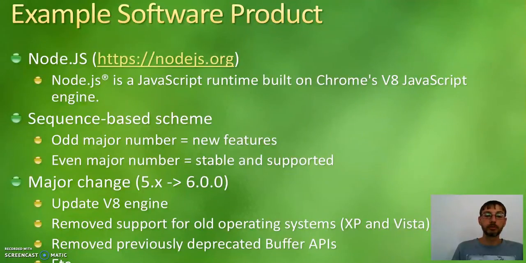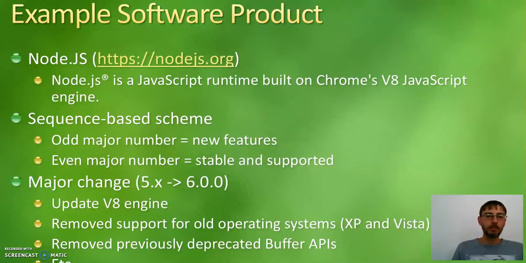When they went from version 5 to version 6, they had some incompatibility changes. They updated the core V8 engine. They removed support for older operating systems, removed previously deprecated functionality, along with another list of things.